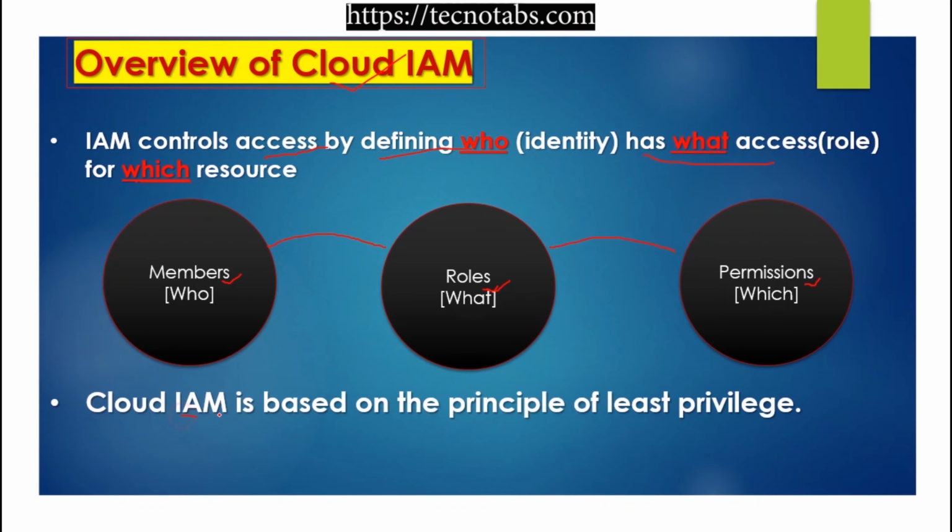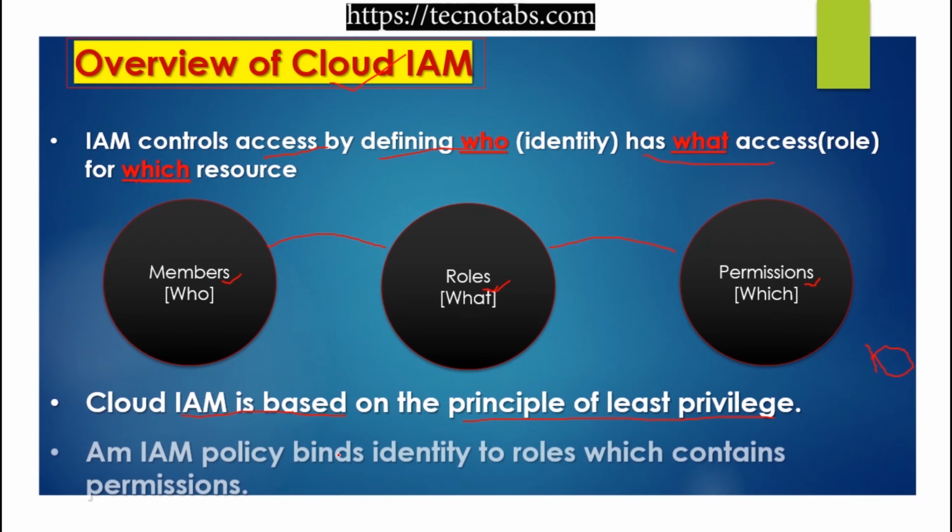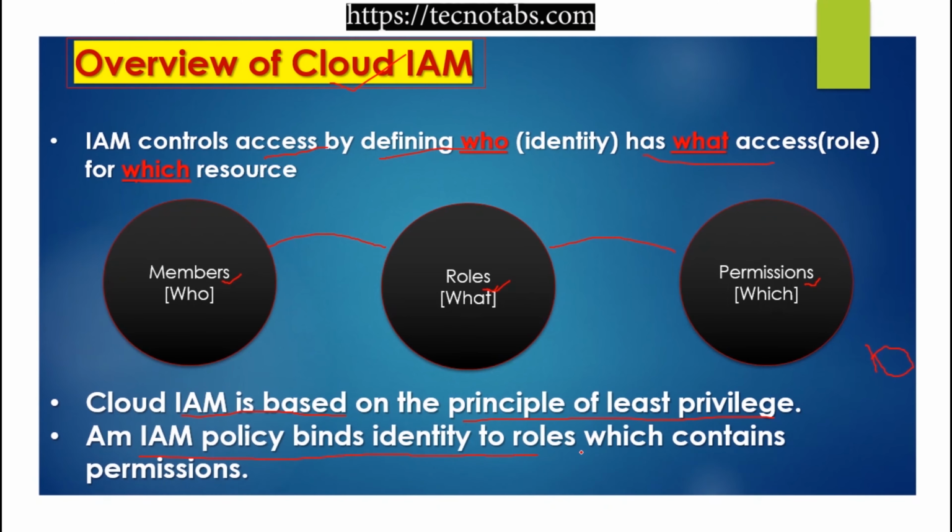Now, Cloud IAM is based on the principle of least privilege. It means that whatever resource you create in GCP, no member of the team will have access by default. An IAM policy binds identity to roles, which contain permissions. What it means is that when you create a resource on GCP, nobody has any access to this resource.